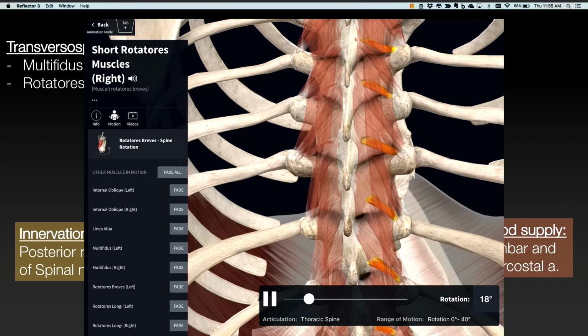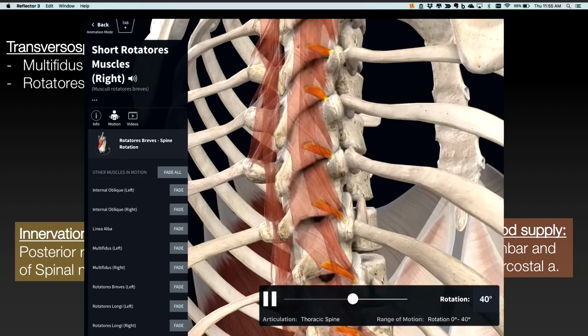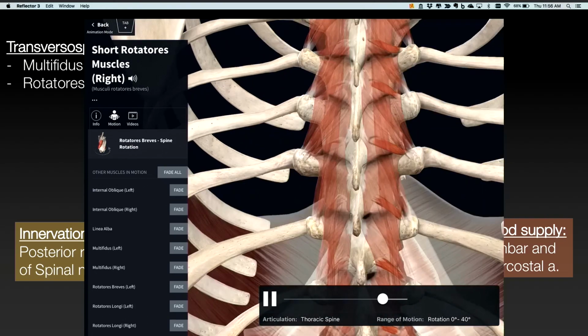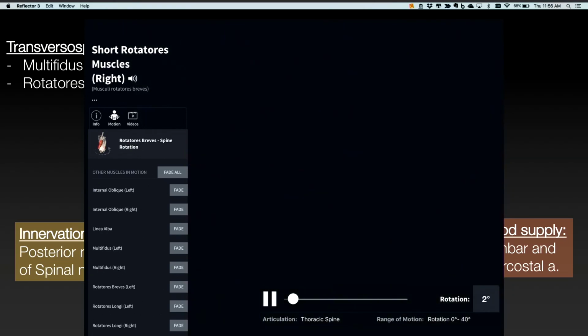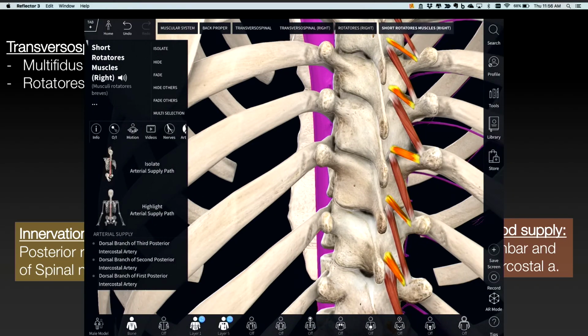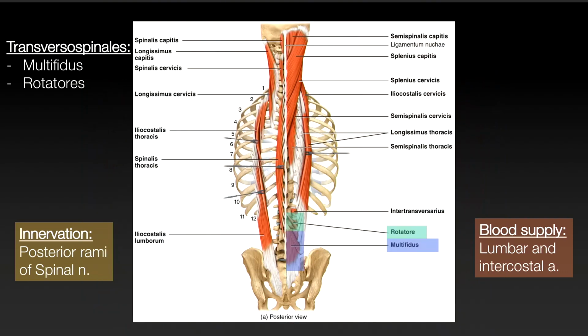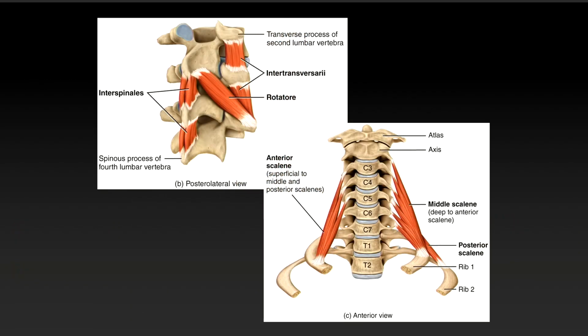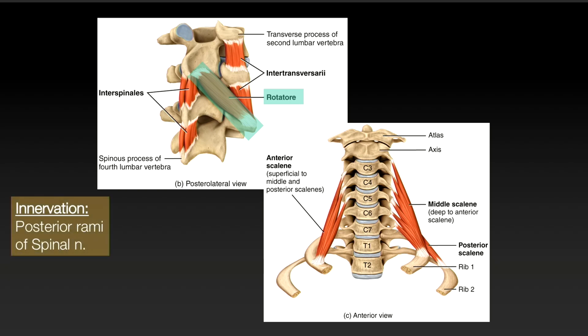These ones are mostly for proprioception, understanding the position of the spine in space. Very small, can't provide a lot of force. So we just saw the rotatores. You can see those here. Again, highlighting the span of the transverse to spinous processes. Posterior rami, intercostal arteries, no surprise on the supply and innervation.